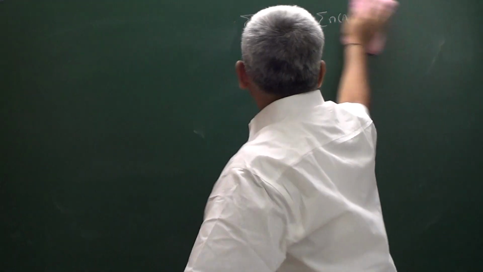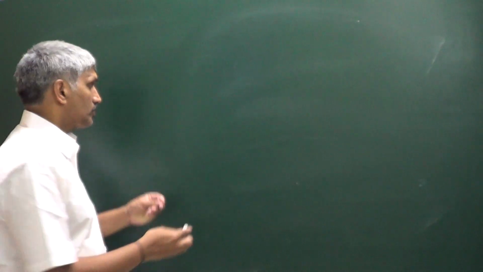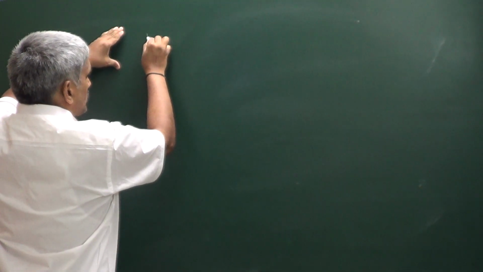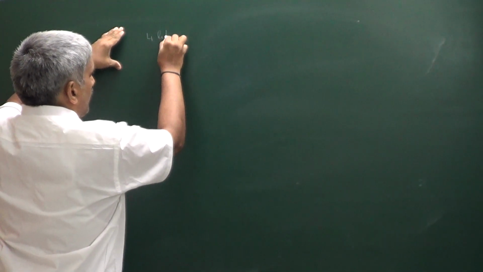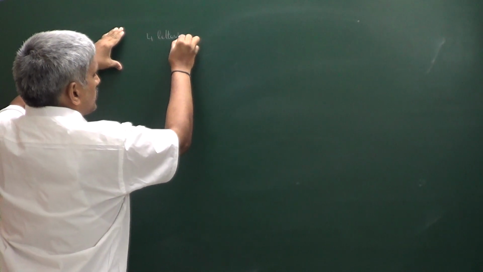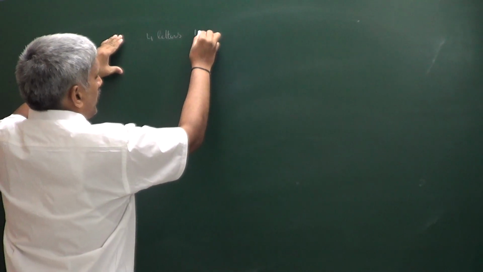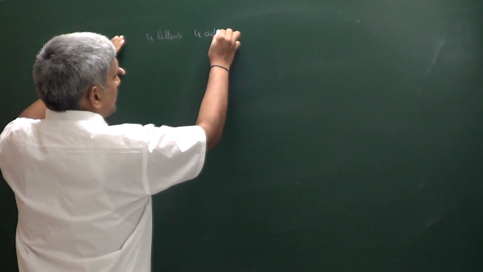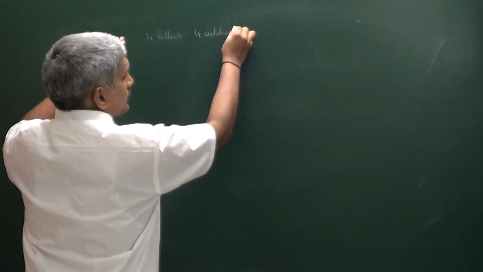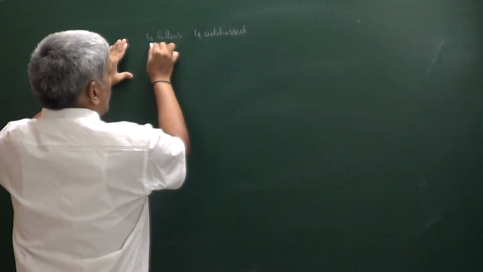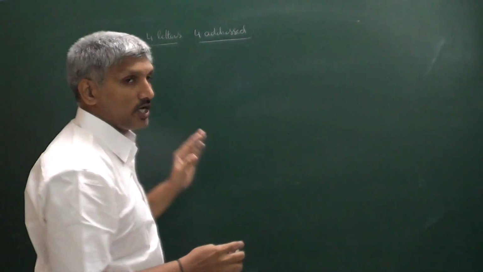So Dn, observe here the question is saying like this. Total 4 letters and 4 addressed envelopes are there.